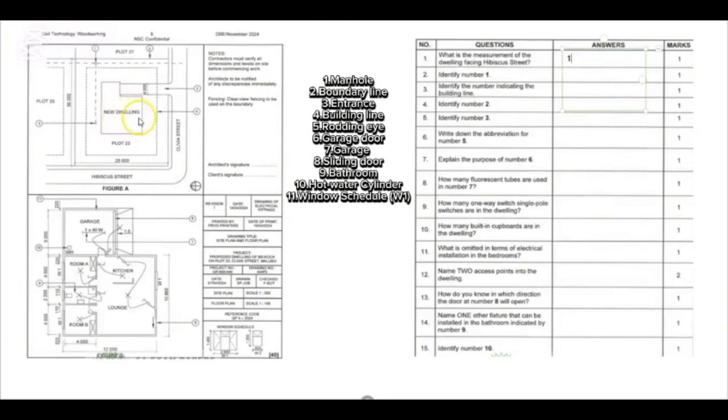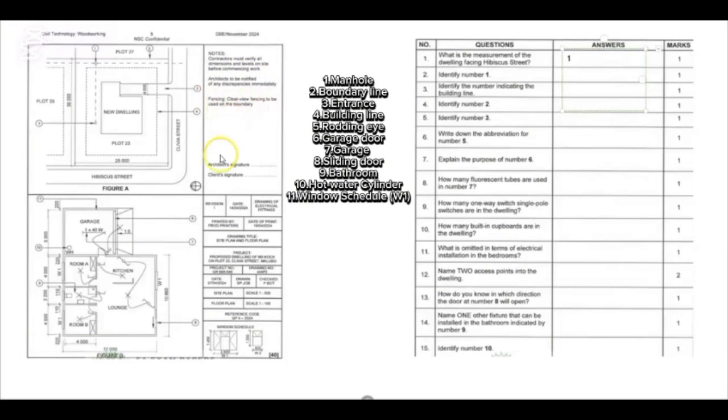Now that you're done with the labelling, let's read through the notes. Constructors must verify all dimensions and levels on site before commencing work. Architects to be notified of any discrepancies immediately. Fencing, clear view fencing to be used on the boundary.